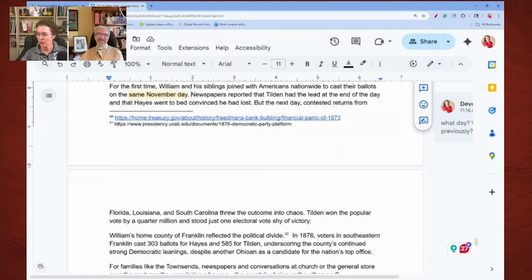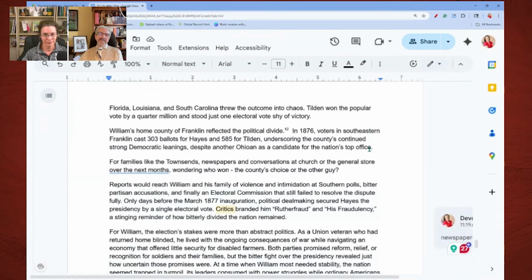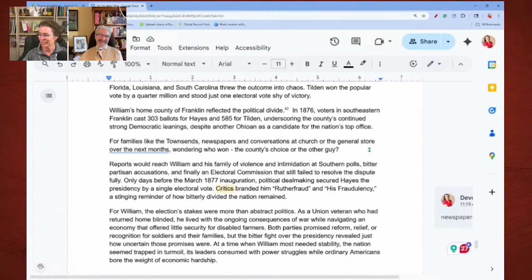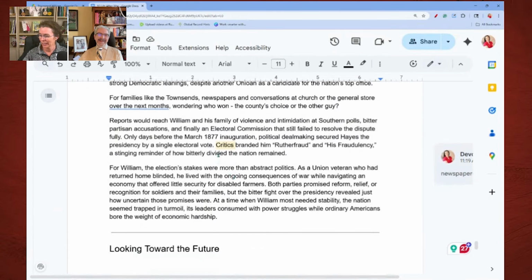Oh, but reverse. The next day, contested returns from Florida, always Florida, Louisiana, and South Carolina threw the outcome into chaos. Tilden won the popular vote. And then I go through and talk about how critics branded him Rutherfraud and his fraudulency, because they didn't even know until March who the new president was.